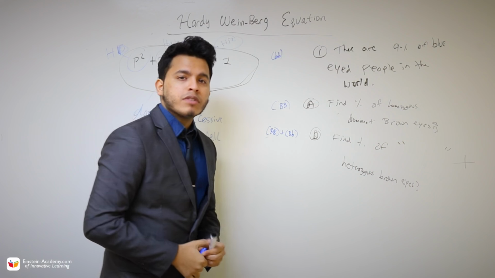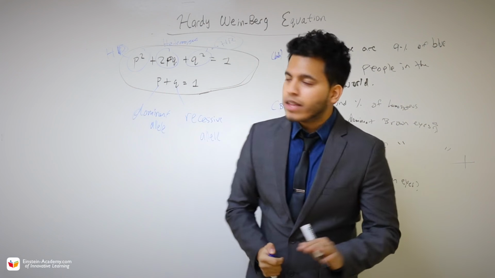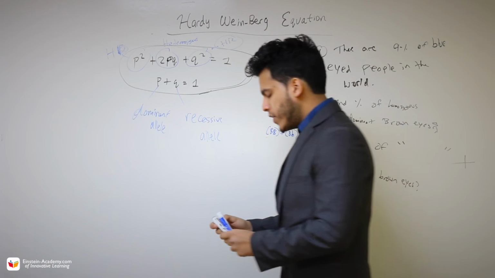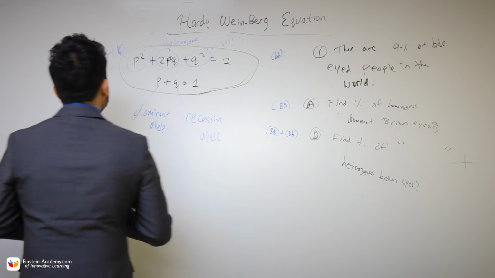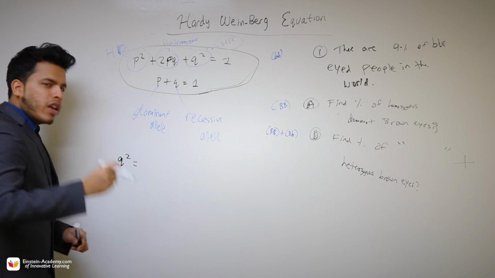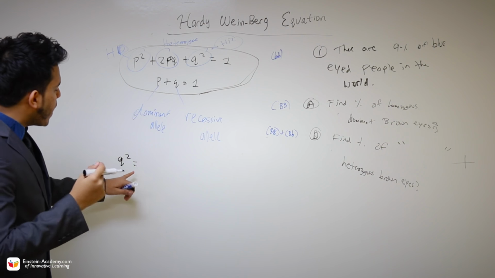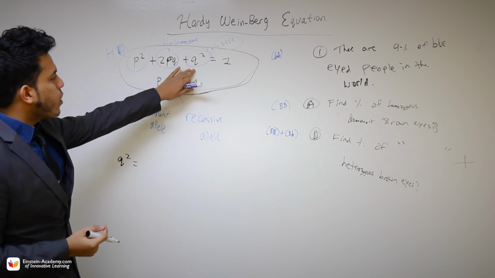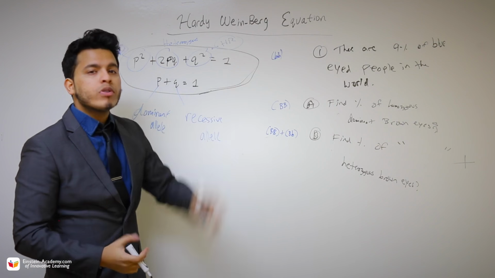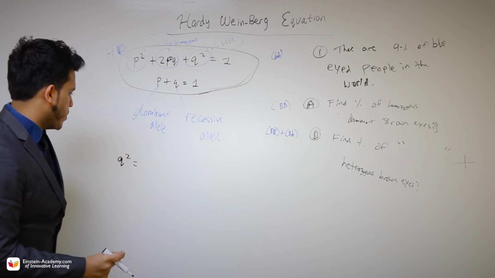Pay very careful attention, okay? I want you to do this problem exactly the way I did it. Whenever you see a Hardy Weinberg problem on the exam, automatically the first thing you want to look for is q squared. You want to say, what is the value of q squared? We already know that q squared means the percent in homozygous recessiveness.